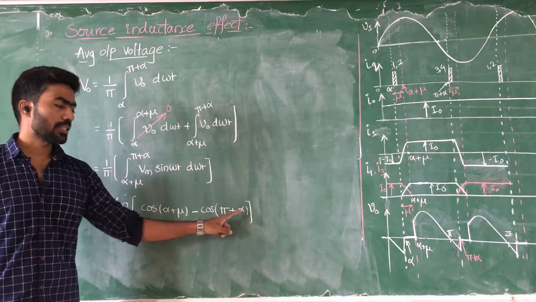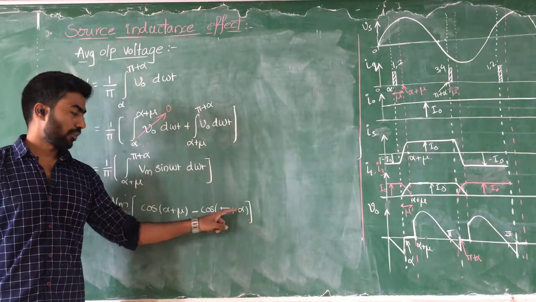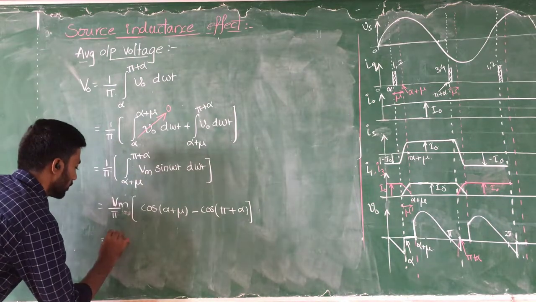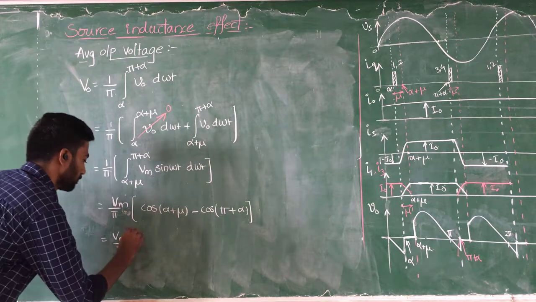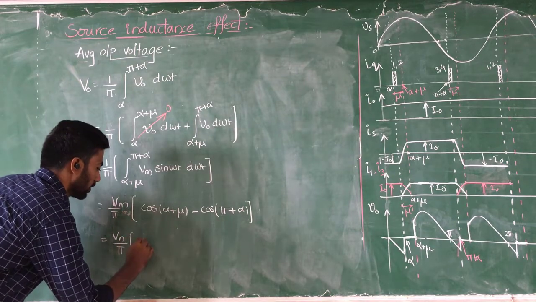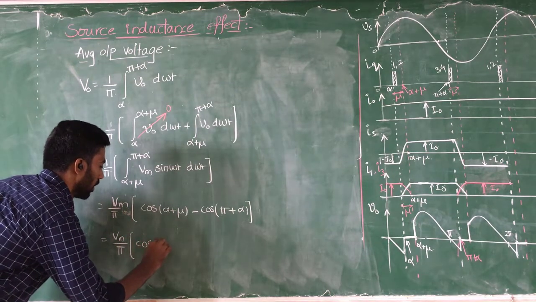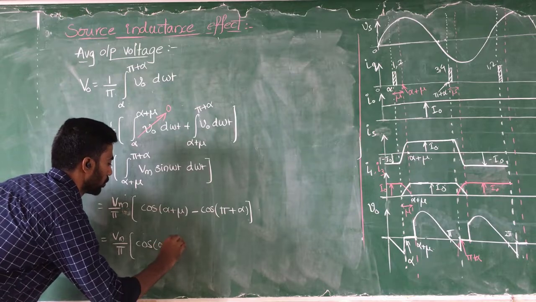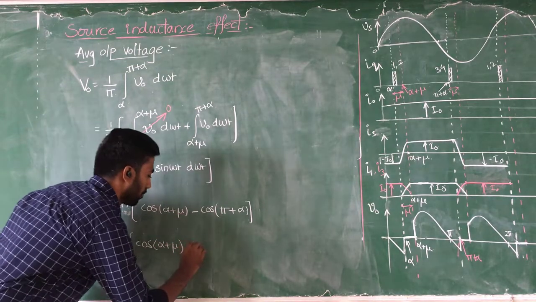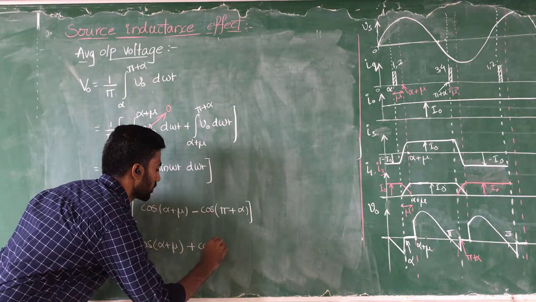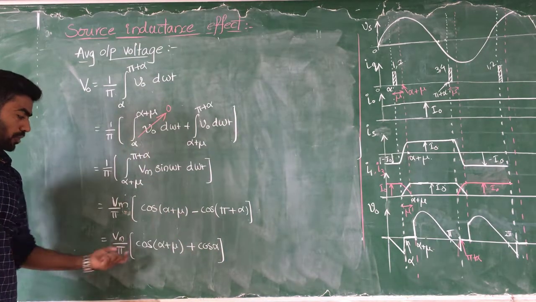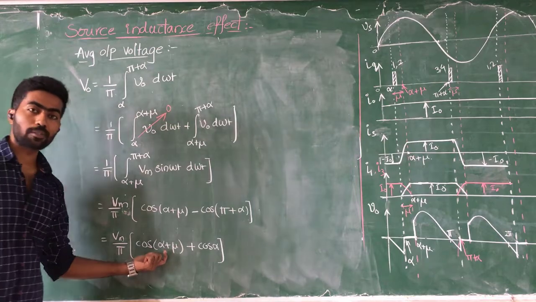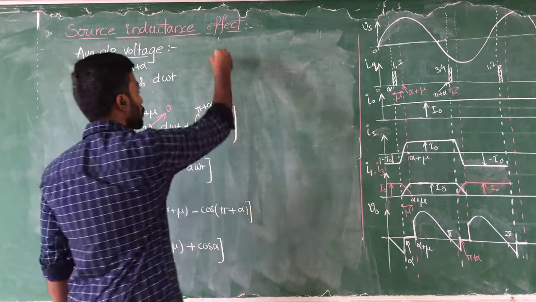Now cos of pi plus alpha is minus cos alpha. So this is Vm by pi times cos alpha plus mu, and minus of minus gives plus cos alpha. This is the average output voltage expression.